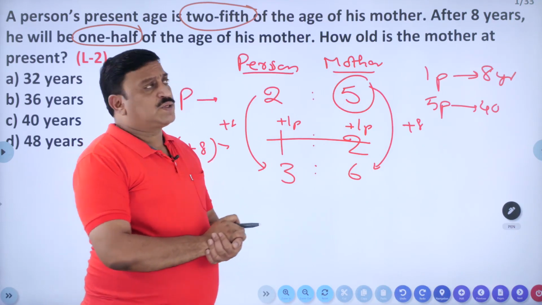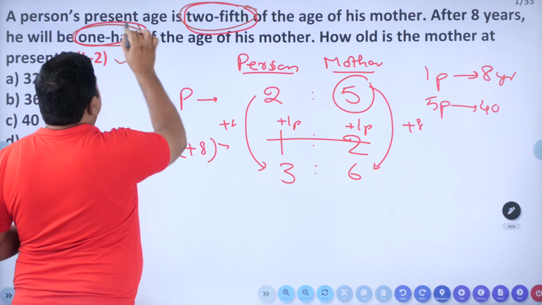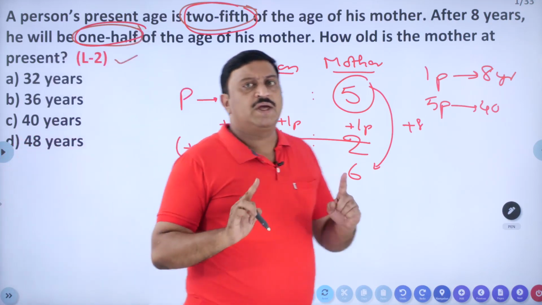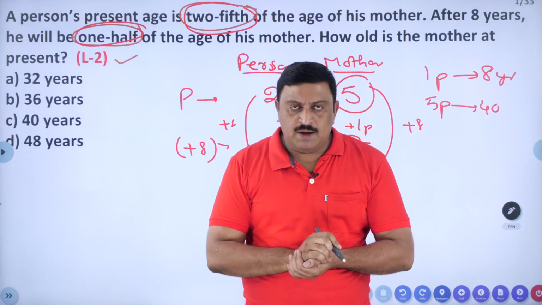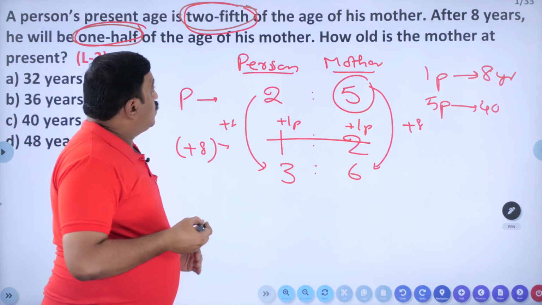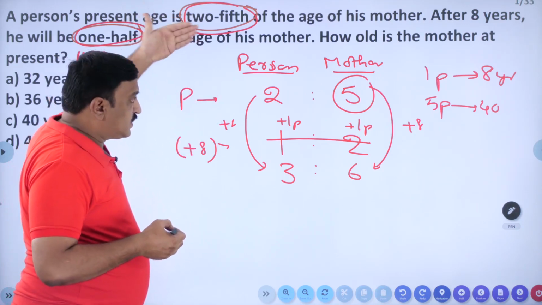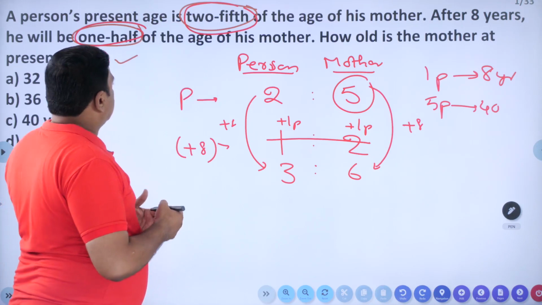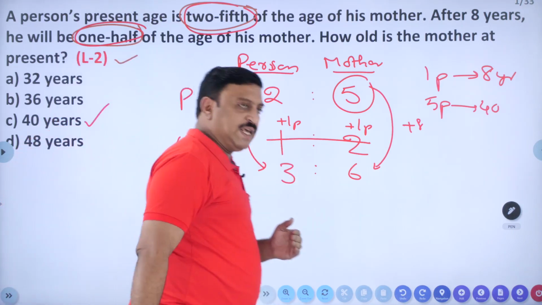What we learn in this question is the terminologies. Sometimes they won't give ratios directly, indirectly they will be given. But be sure about this 2/5 everything. We'll do this in the next questions also. So your answer is 40. So this is option C.